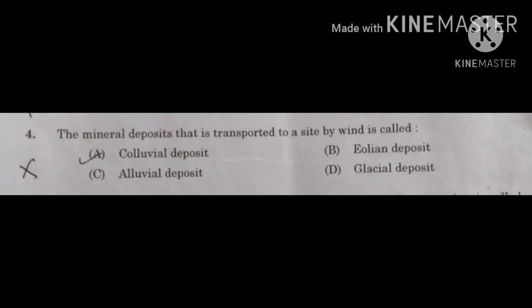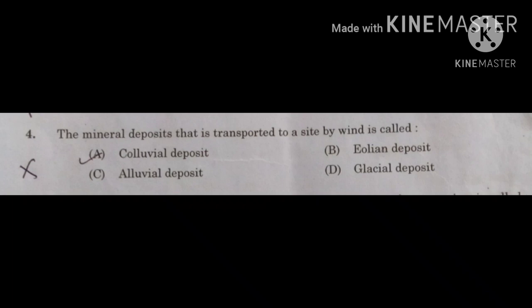Okay. The next question is: the mineral deposit that is transported to a site by wind is called. Okay, now we can check the options. First option is colluvial deposit. Colluvial deposits are those deposits usually deposited by the action of gravity. Okay, and option B is aeolian deposit. These are the deposits which get deposited by the activity of wind.